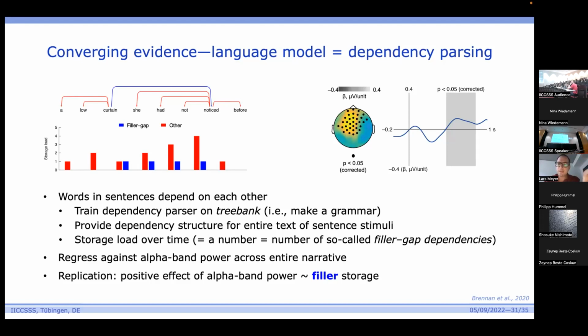And we take that, we make a linking hypothesis based on some parser, and it spits out numbers. The simple version is just the number of dependencies, but that's a linking hypothesis. You say 1 means 1 memory, 2 means 2 memory, 3 means 3 memory. 3 memory equals 3 dependencies. Okay, and so we get the same. I think that's a replication here, increase in alpha band power.